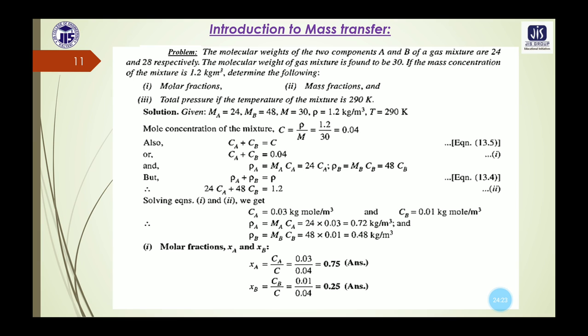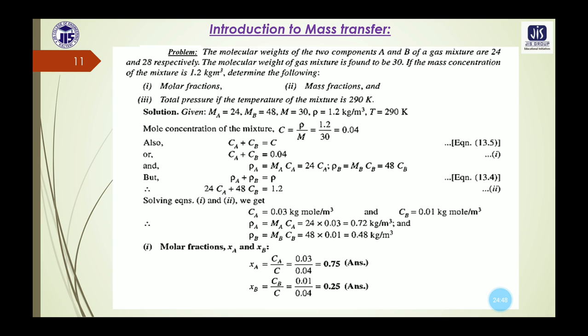Now the first part of this numerical is to calculate the molar fraction. The molar fractions are Xa and Xb for the two components A and B. The formula for Xa equals Ca divided by C. Ca is 0.03, which we have calculated, and capital C is 0.04.